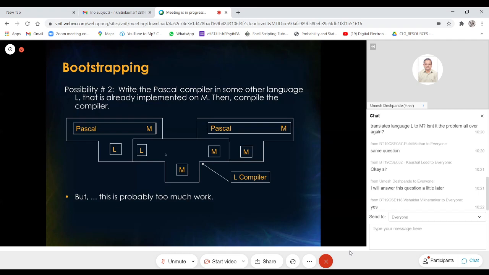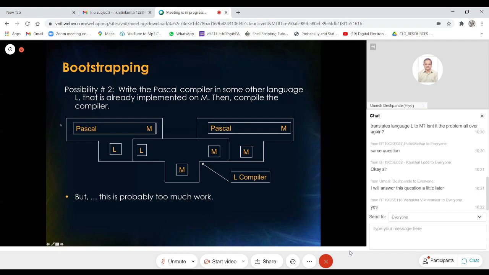Okay. So what we have done here is we have reduced this issue of writing the compiler in assembly language to this question of writing the compiler in some existing higher level language, L. Okay, but this also is too much of work. That is, I'm now saying not the L compiler that is present; let's assume that is available with us.